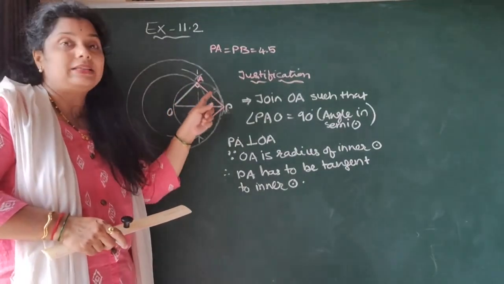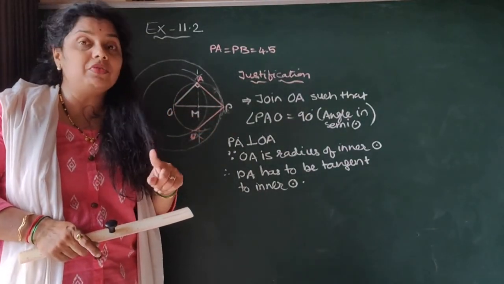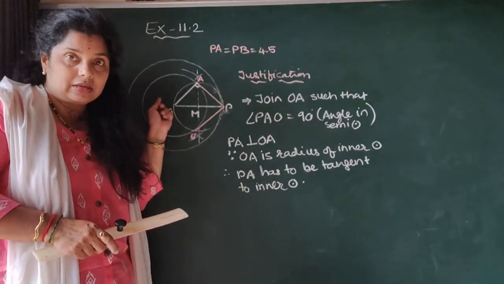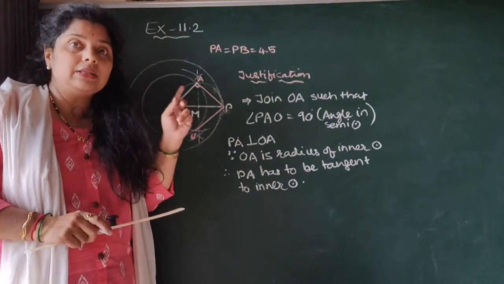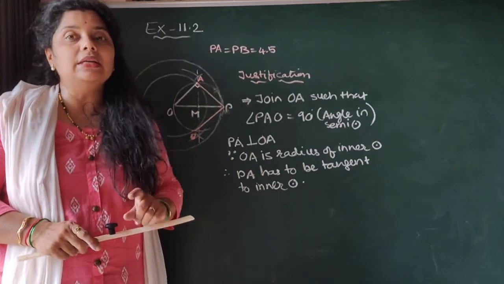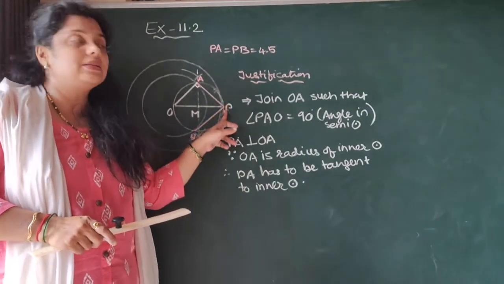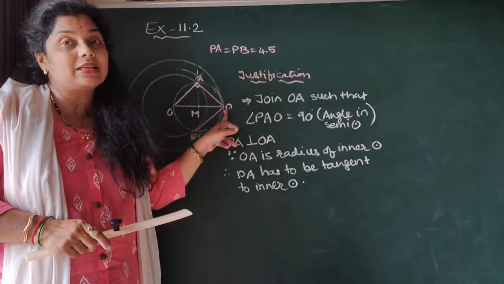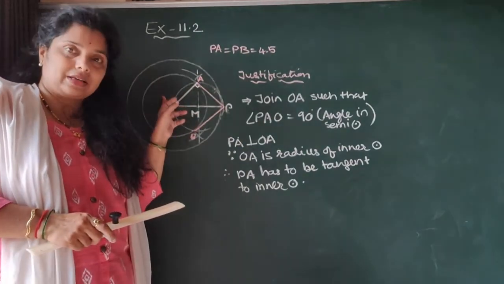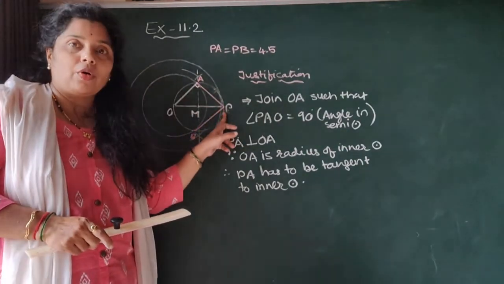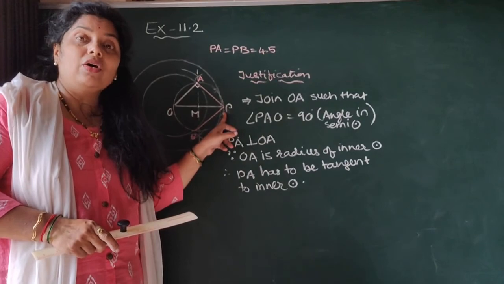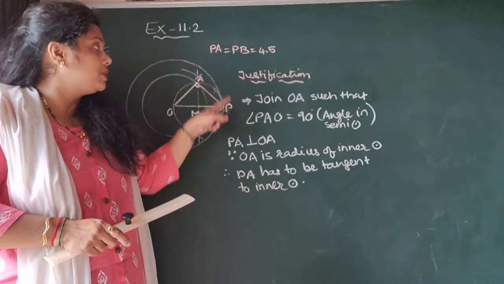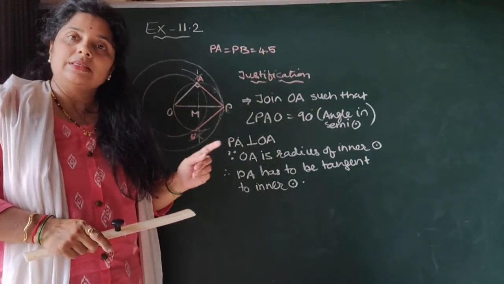These two are the tangents for which circle? For the inner circle. P is an exterior point for the inner circle, and P is a point lying on the bigger circle.